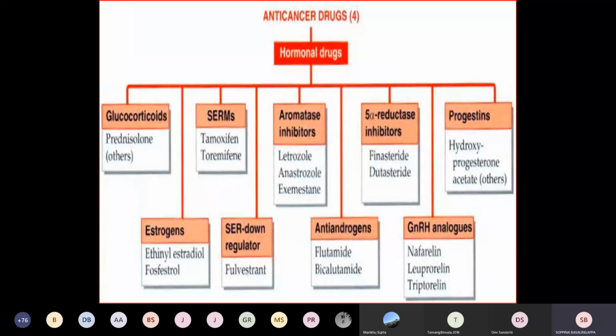Hormonal drugs: glucocorticoids, prednisone; SERM, selective estrogen receptor modulators, tamoxifen; aromatase inhibitors, letrozole; 5-alpha reductase inhibitors, finasteride, dutasteride; progestins, hydroxyprogesterone; estrogens, ethinyl estradiol; selective estrogen receptor downregulator, fulvestrant; anti-androgens, flutamide; GnRH analog. So these are the different drugs.